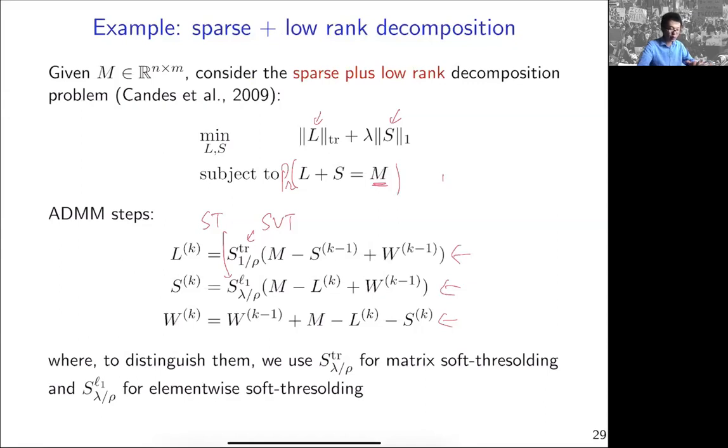Basically, you deal with the trace norm or nuclear norm objective, and then the one norm objective, one at a time, and then you combine them and make sure that the solution does not move too far away from your observation using the third line.